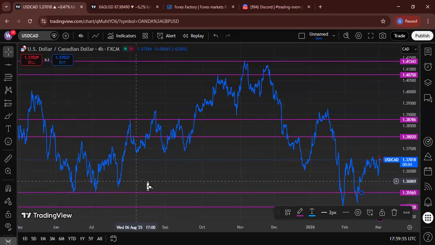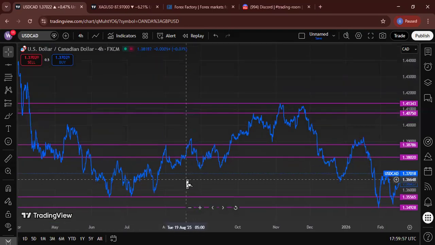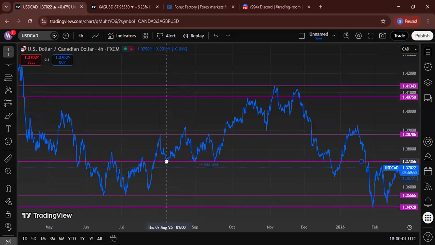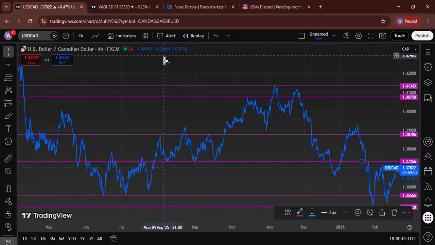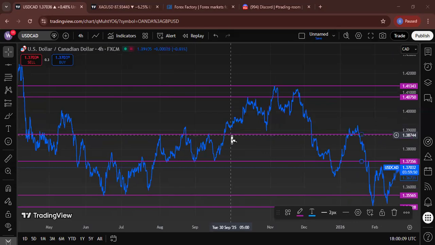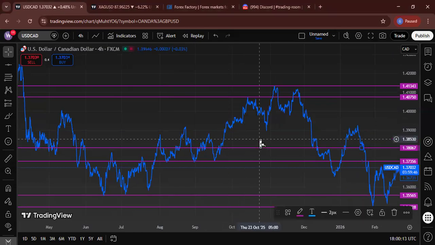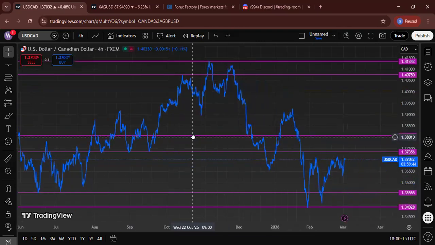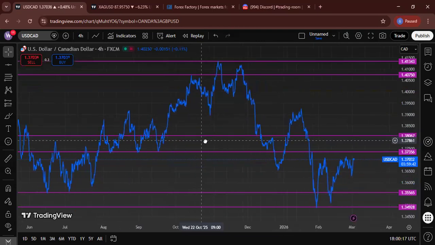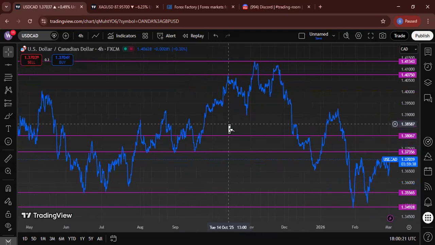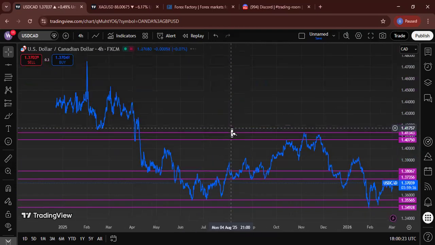Then for these mid-levels, like this area, this area like that, then probably I'd have something like that. If I was to redo these levels, I'd redo them like this.